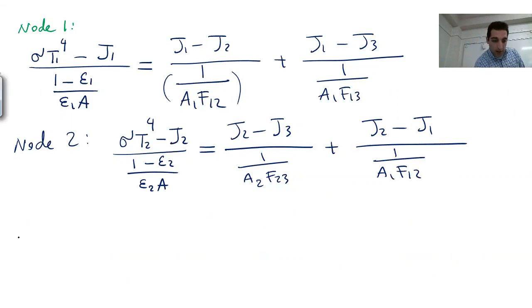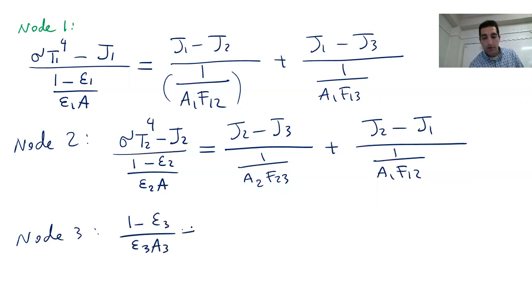Yes. And I'm going to write for node 3 quickly as well because that black body makes some simplification somewhere. So for node 3, we are saying that since (1 minus epsilon 3) divided by epsilon 3 A3 is equal to 0, because we said that the surrounding we can treat as a black body.